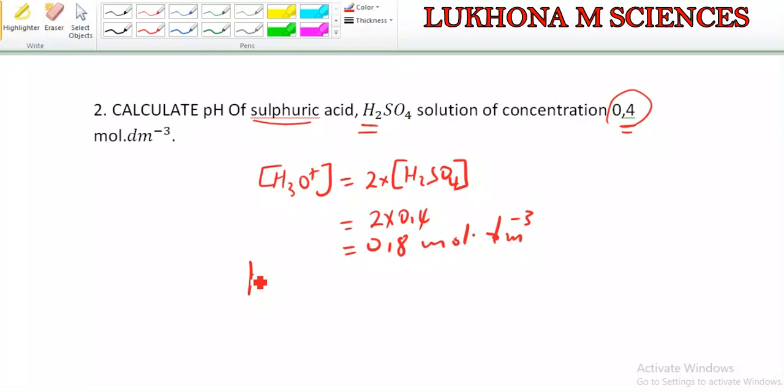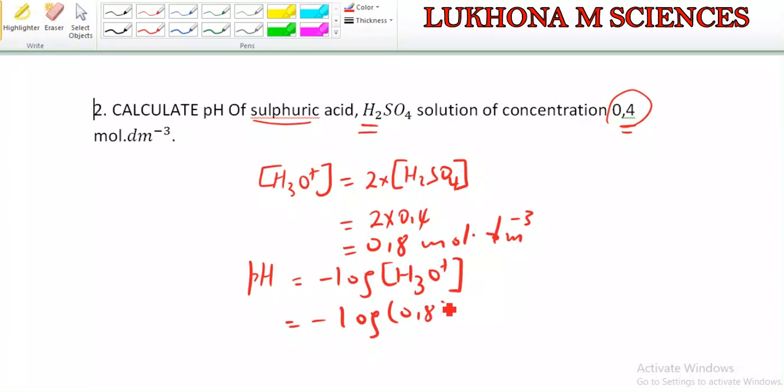Then the pH is equal to minus log concentration of H3O plus. Then we substitute. The concentration is 0,8.